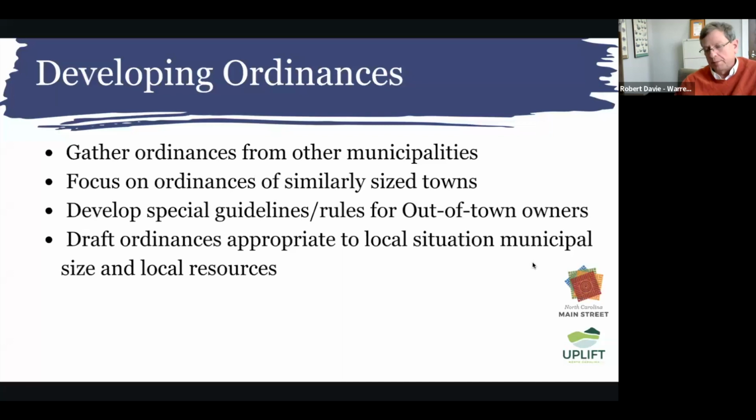Also helpful in the implementation of an ordinance would be some sort of incentive provided by the municipality to encourage compliance. Local property owners will particularly appreciate this aspect, and that could be anything from assistance from the Arts Council in helping decorate empty storefronts to assistance from the town in the form of an awning or signage grant.